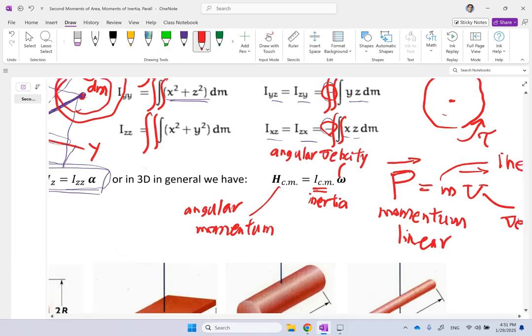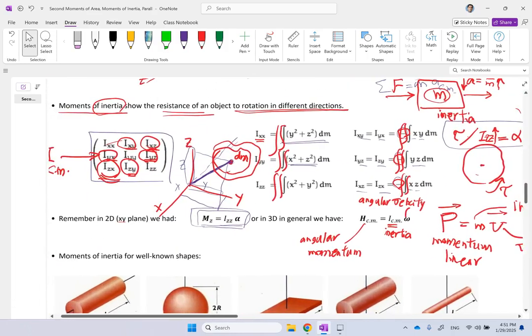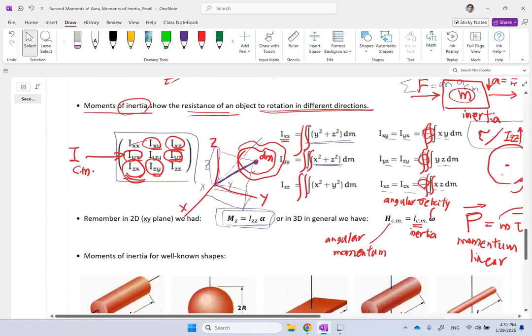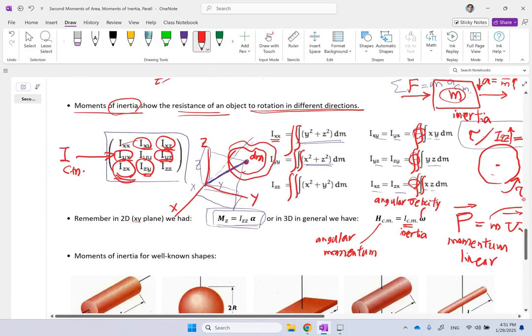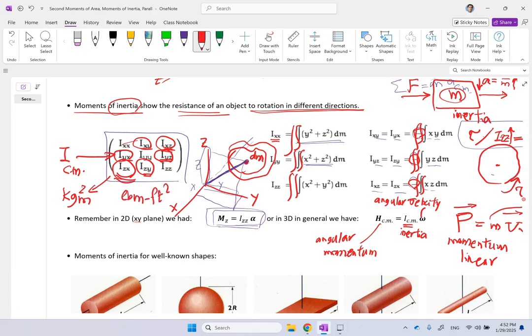So these I's are inertia terms, which is resistance to rotation. And if you look at their units, the units are length squared times mass. So all of these, their unit is kilogram times meter squared, or for instance pound mass times feet squared or inches squared. And they show resistance to rotation.